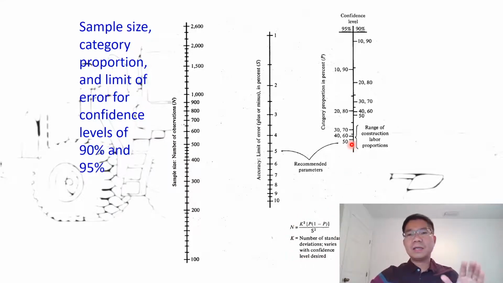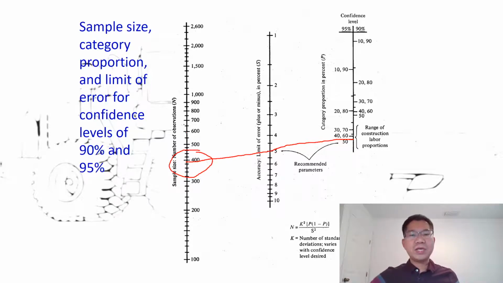If we select 50% for category proportion, it means the working activities relative to the whole activity of the construction operation. And then at the 5% limit of error, we can draw a line between the 50% here to 5%, and then go down, and wherever it intersects at this point, we have the sample size, so the number of observations you need.